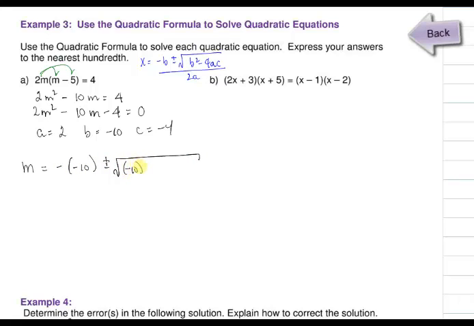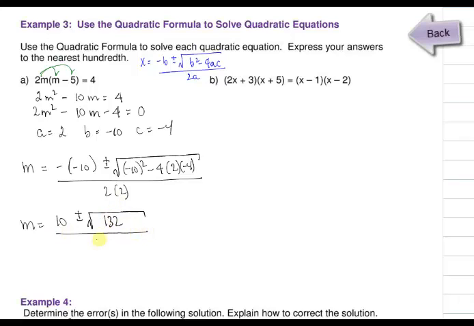Make sure you put your negative 10 in a bracket before you square it. Minus 4 times a, which is 2, times c, which is negative 4, all over 2 times a, which is 2 times 2. Alright, so minus negative 10 is positive 10. Inside the bracket, in the radical sign, I get 132, and that's all divided by 4.